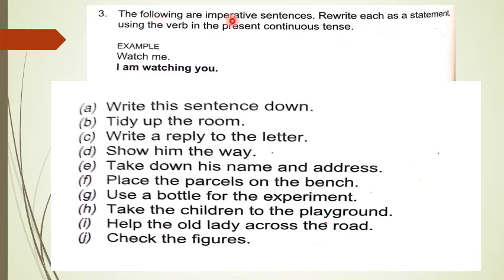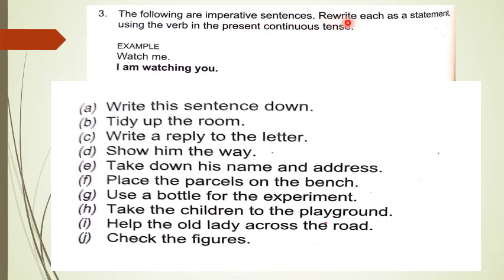Okay, dear students, question number 3 is, the following are imperative sentences. Rewrite each as a statement using the verb in the present continuous tense. So you will see that basically there are 3 parts of this question. The first part tells us that all of these sentences, A to J, are imperative sentences.